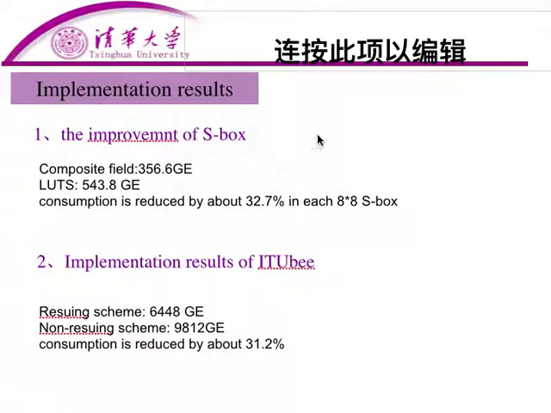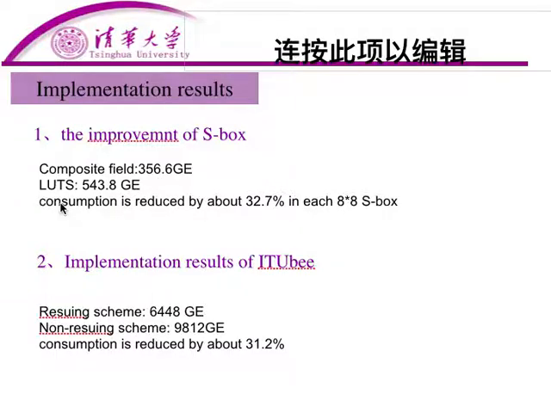Here we give the implementation results and comparisons between different schemes. First, when we use the composite field to implement the S-box, 346.6 GE is used.